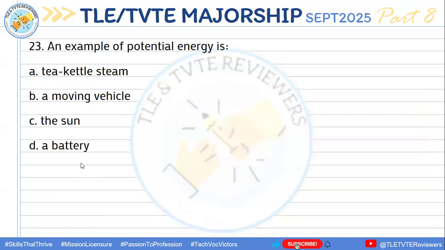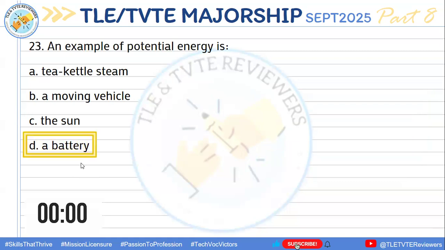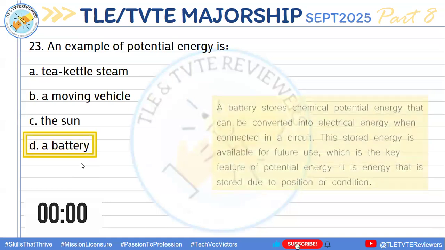Number 23, an example of potential energy is A, tea kettle steam, B, a moving vehicle, C, the sun, or letter D, a battery. Answer letter D, a battery.